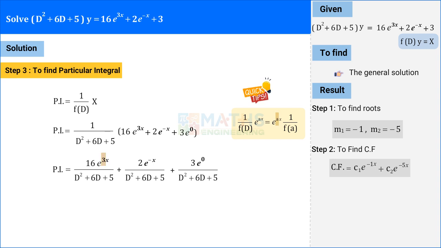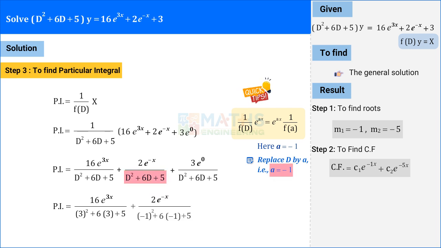So what is a in the first term? A is equal to 3. Wherever you find D, you make that as 3 in the first term. What is a in the second term? That is equal to minus 1. So we replace D as minus 1. What is a in the third term? A is equal to 0. So wherever you find D, you make that as 0.